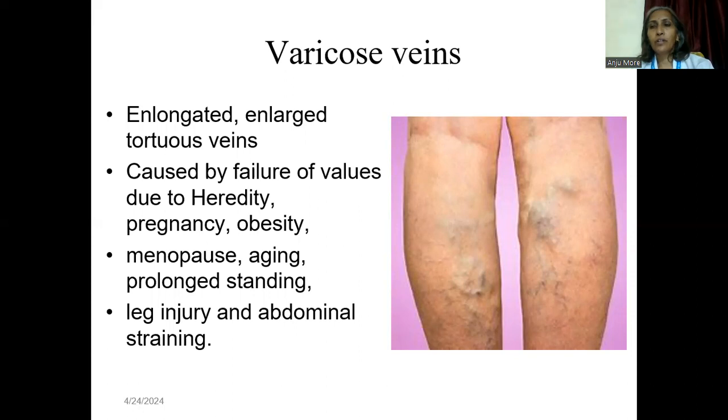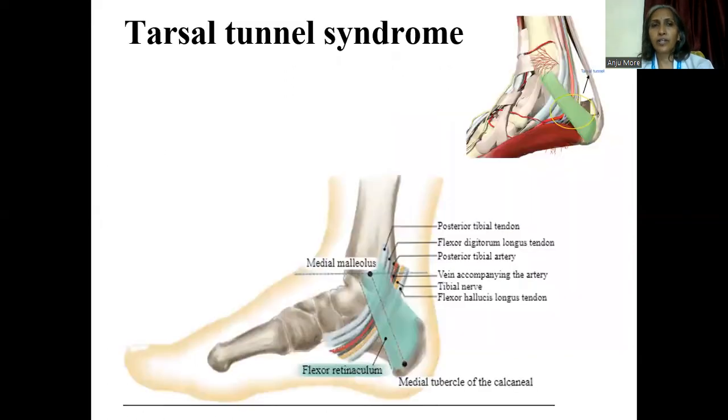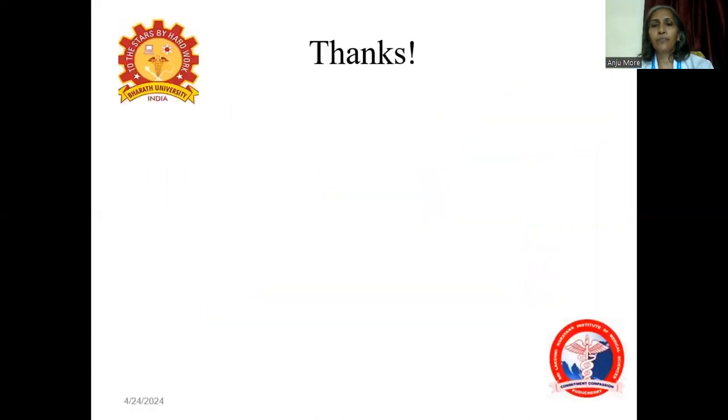The further effect is leg injury, which can lead to bleeding varicose ulcer, and the varicosity will increase after abdominal straining. The tarsal tunnel syndrome is the compression of the structures as they pass beneath the flexor retinaculum.